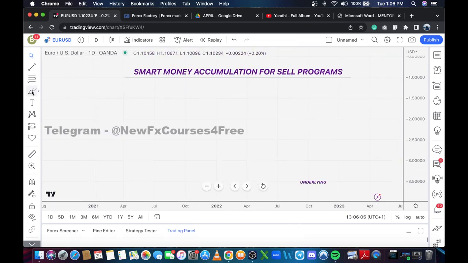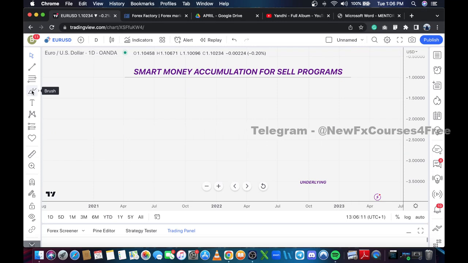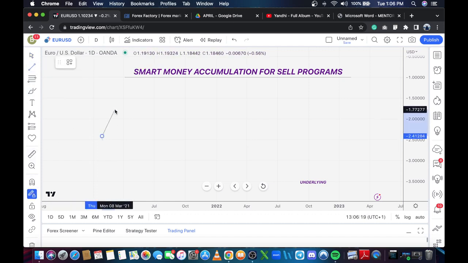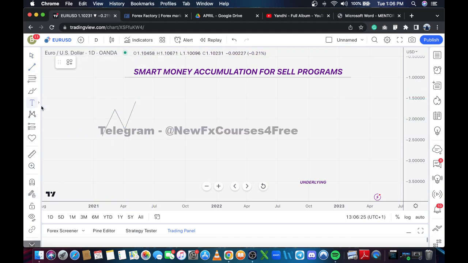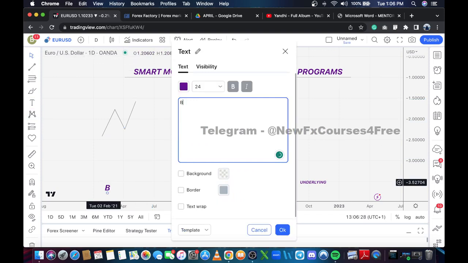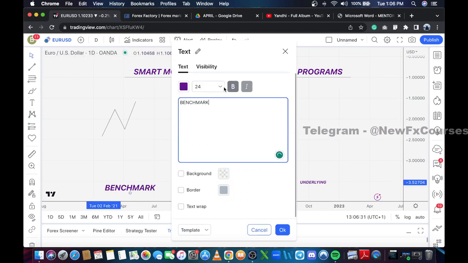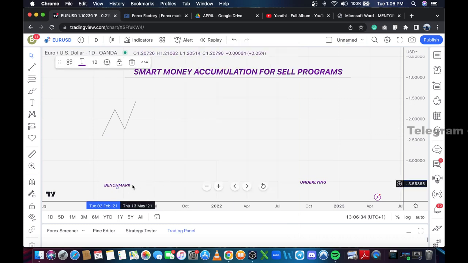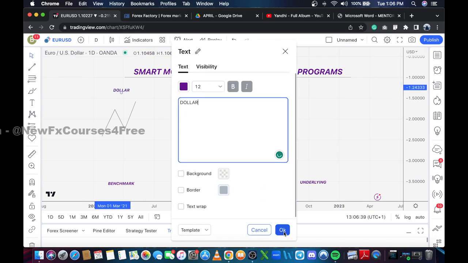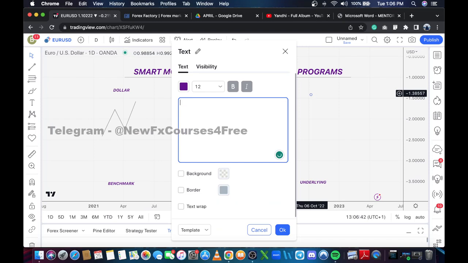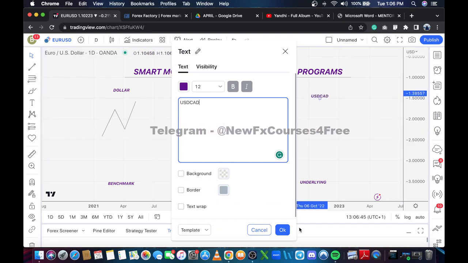So in this example, our benchmark, we're going to stick with USD CAD. If our benchmark makes a higher high, and here it has to remain dollar, and here it has to remain USD CAD.